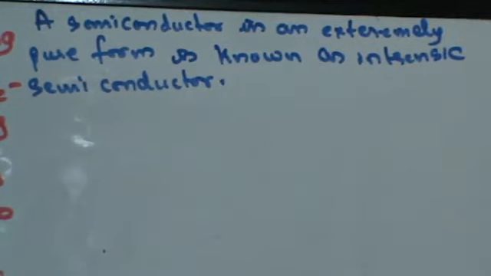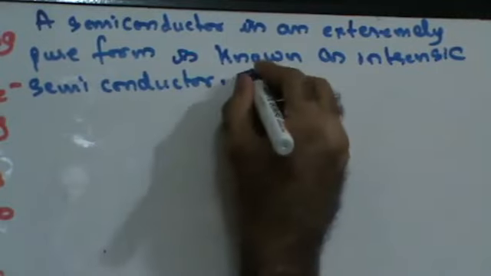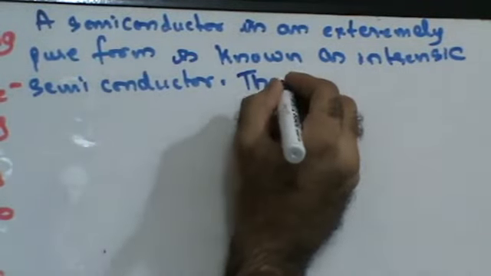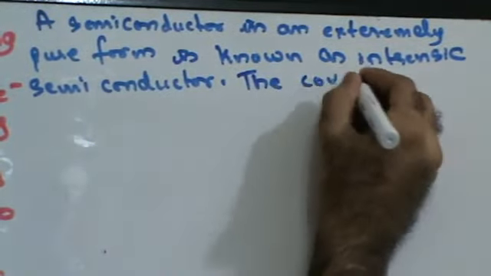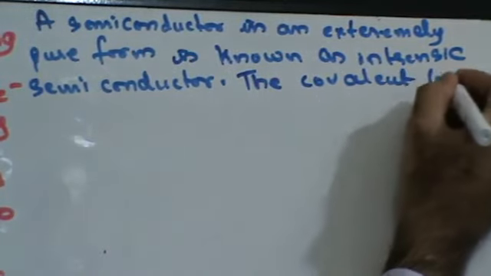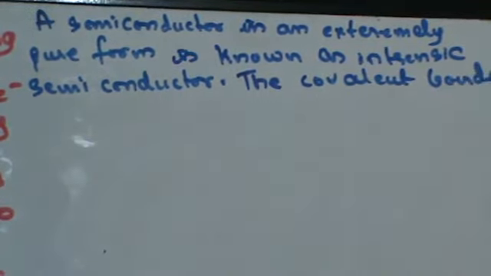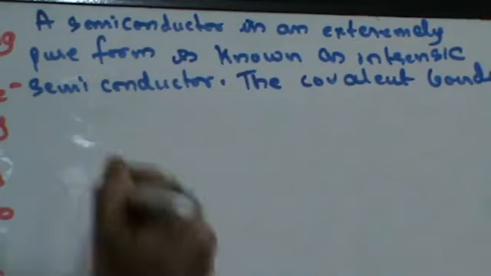The covalent bonds in intrinsic semiconductors are so strong that there are no free electrons available for conduction of electric current.